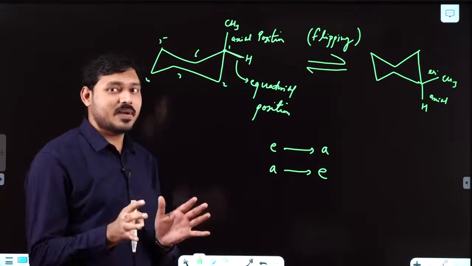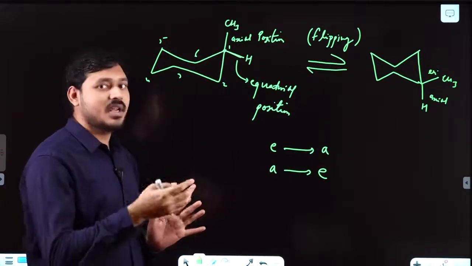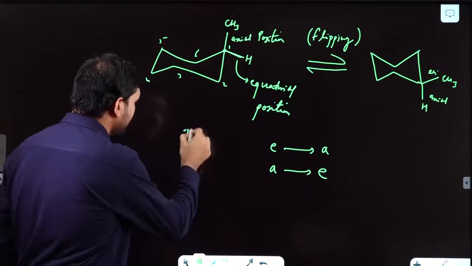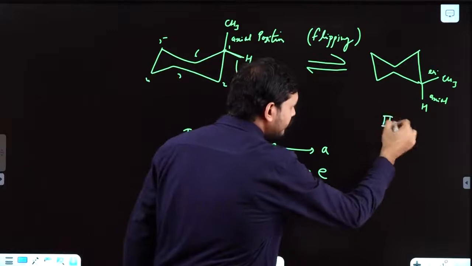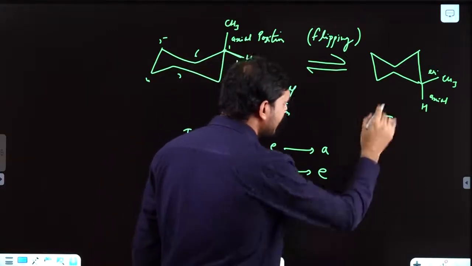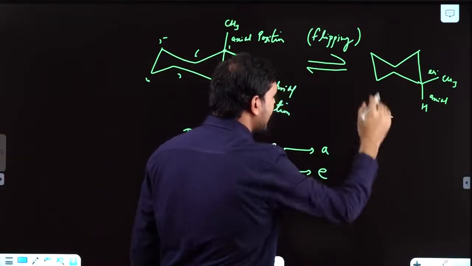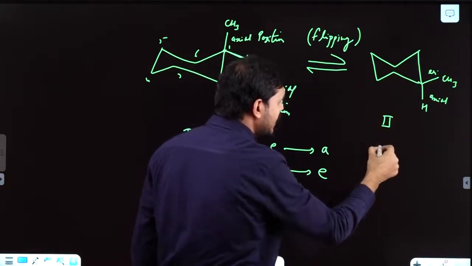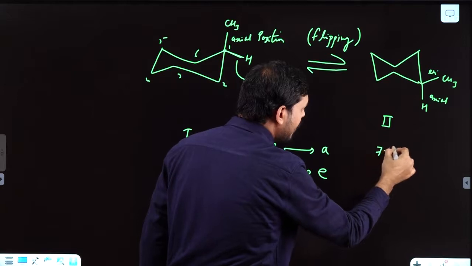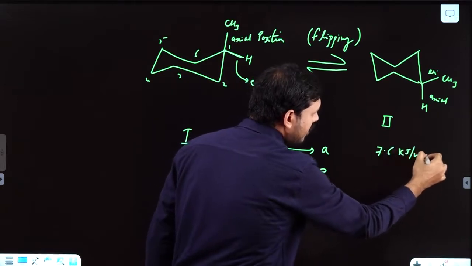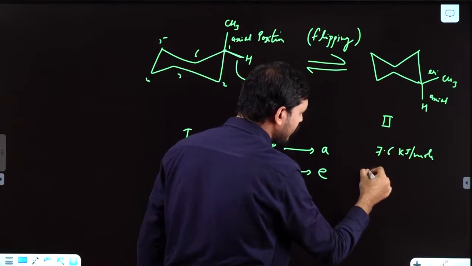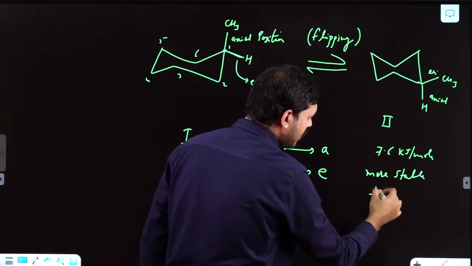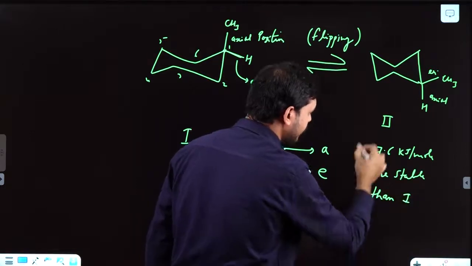Now what is the difference if I consider it as per energy? In terms of energy, it has been observed that this is 1 and this is 2. As per the data, this structure of 1-methyl cyclohexane where CH3 exists in equatorial position is approximately 7.6 kilojoule per mole more stable than the first.